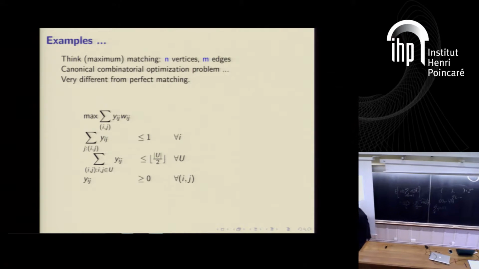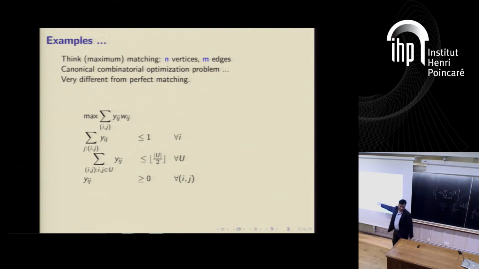That's at most the floor of |U| divided by 2. If U were an even set, this says nothing; these inequalities would imply that. If U is an odd set, for example a triangle, you can pick at most one edge out of a triangle, because with 3 vertices your matching size is at most 1, if you think of the w_ij's as 1.